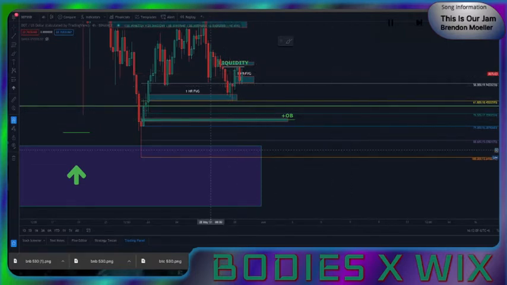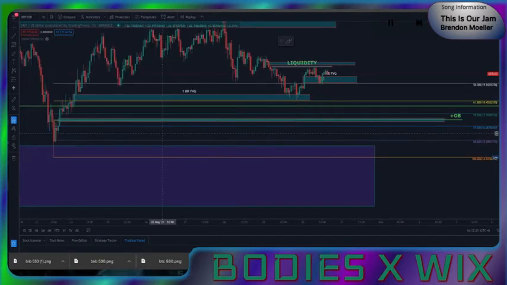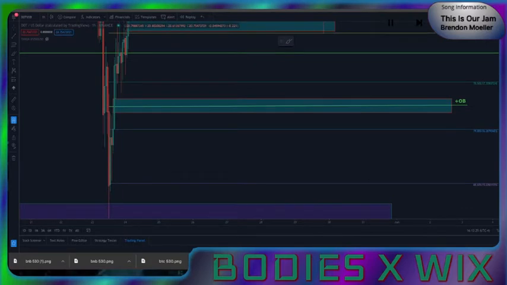So if price did come all the way back down here, we would hope to see price get rejected and go back up. All right, so we're going back to the 1 hour. In the 1 hour, at that same order block, there is also a fair value gap. So it almost seems like a perfect storm for price to come down here.